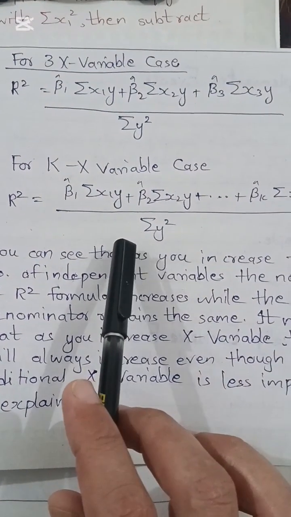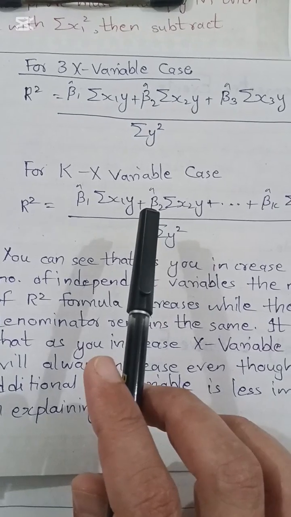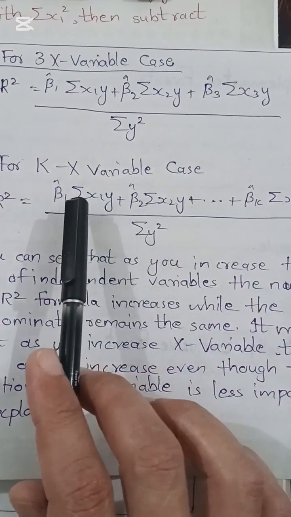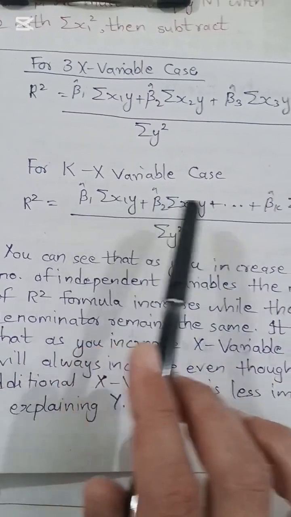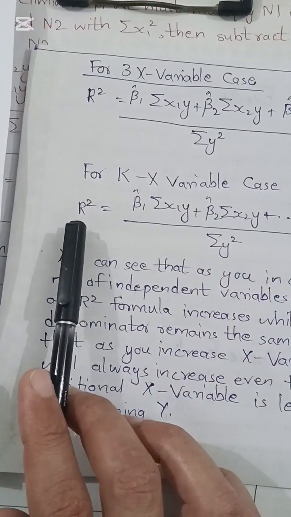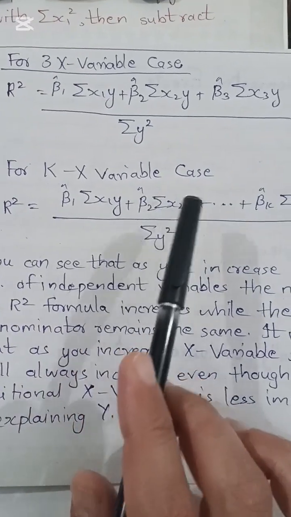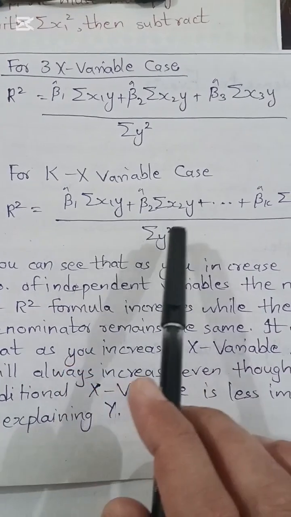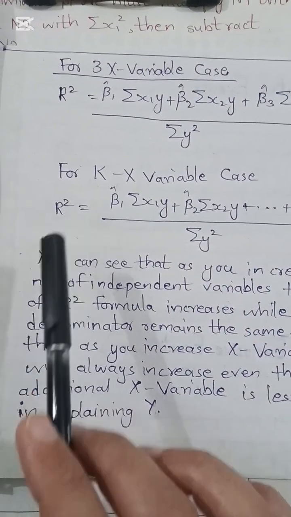So remember that when you increase the number of independent variables, the numerator will increase. If the numerator increases, then R square will always increase, because if a numerator increases but denominator remains the same, then the overall ratio increases. So that's why R square will always increase here.